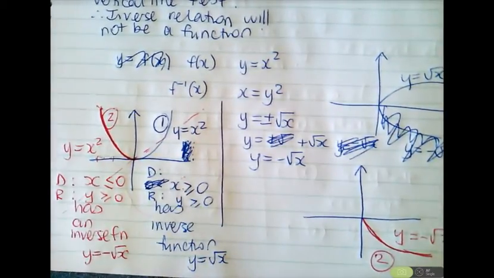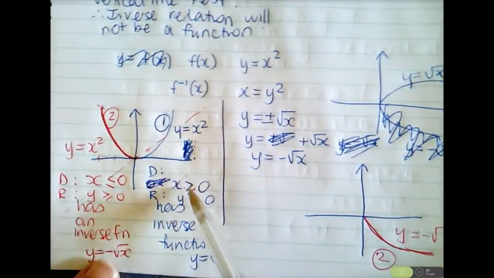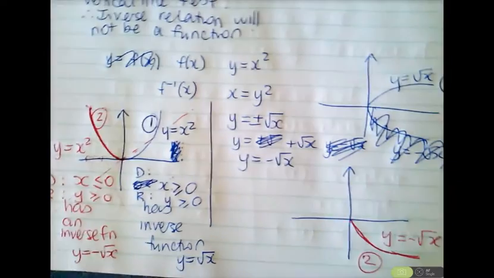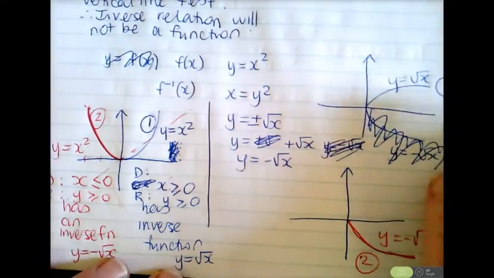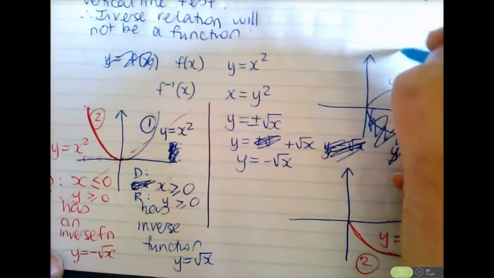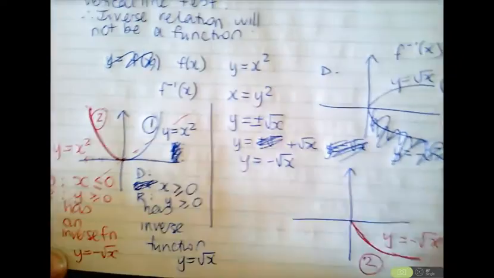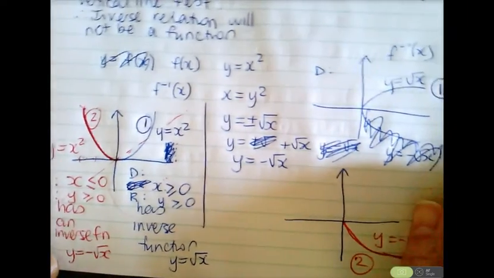Now, you know how I said x's and y's are swapped? If I look at the blue function, just tell me the domain and range of the inverse. So the inverse function here, what's the domain of that? Tell me about x values. Is it the same thing?